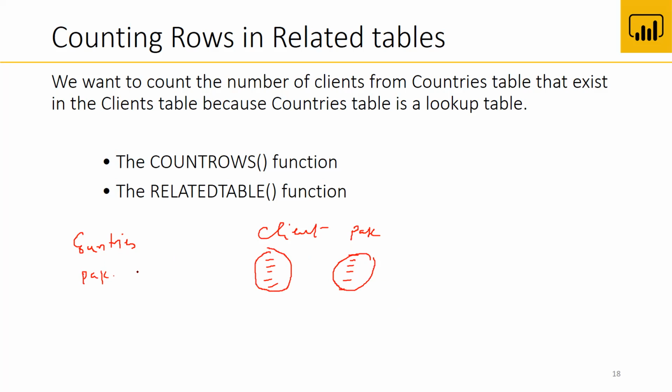This count will be reflected here in the countries table. Suppose another country is the US, and how many clients in the client table relate to the US, the number count will be calculated and stored here. So this is to be done with the help of these two functions.